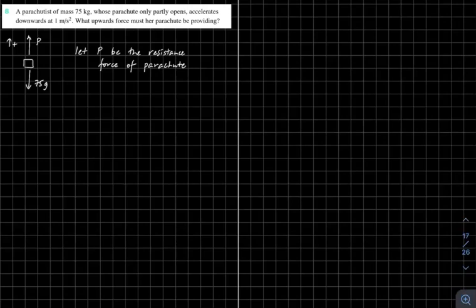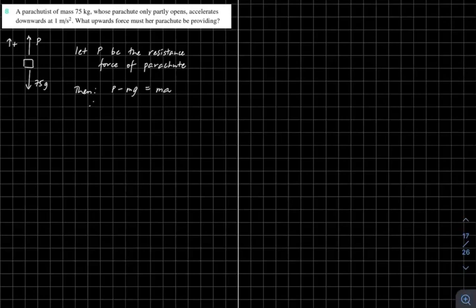So the resultant force, well, that comes from P minus 75g, and that's actually, let me write that as, first of all, P minus mg equals ma. So the resistive force of the parachute upwards, take away the force of gravity on the parachutist downwards, is going to give us the resultant.